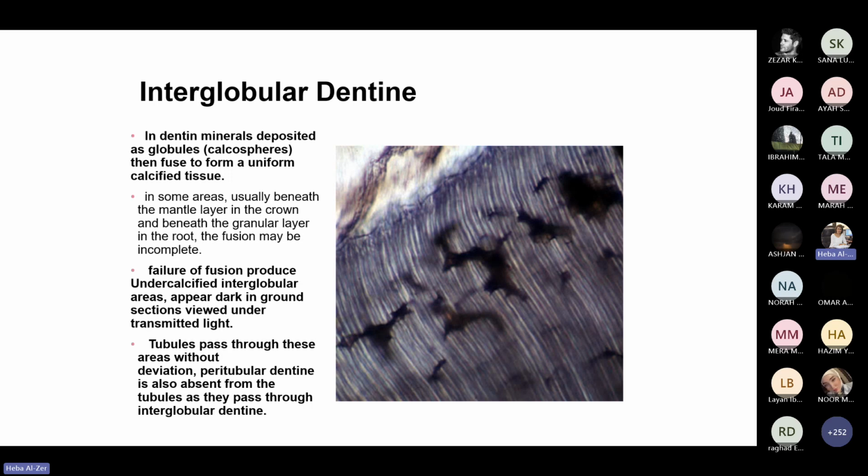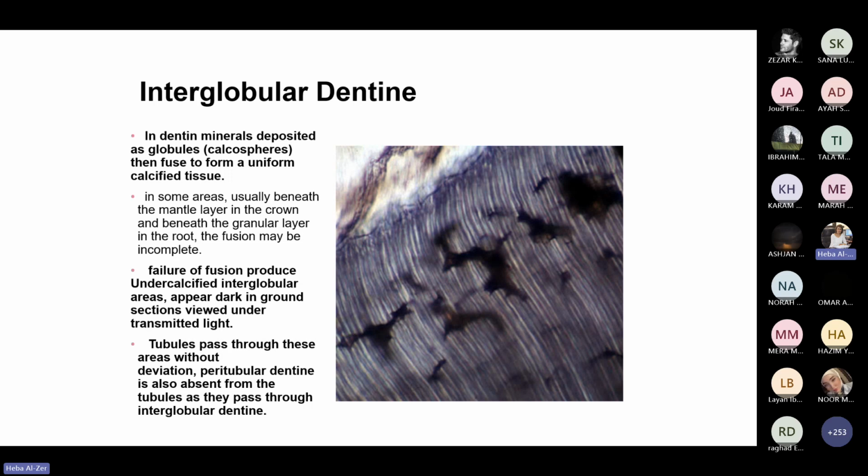It happens because as dentine mineralizes, usually dentine starts mineralization as globules, like this. If these globules fail to calcify, or these areas in between them don't calcify, we see this area of interglobular dentine, which means the areas between the globules.